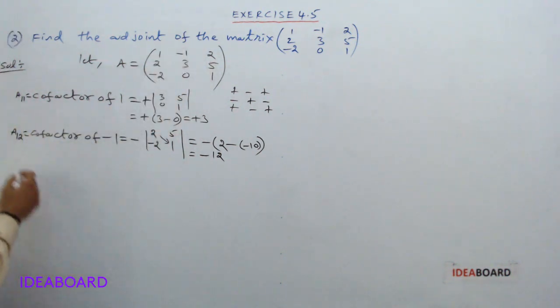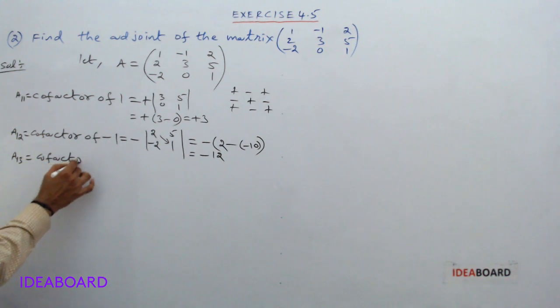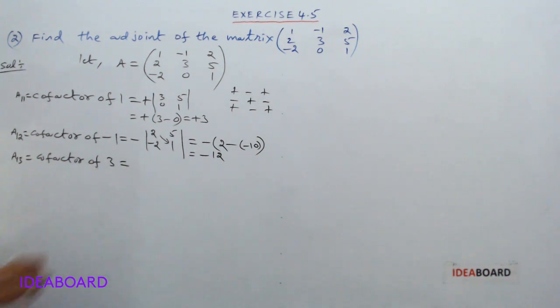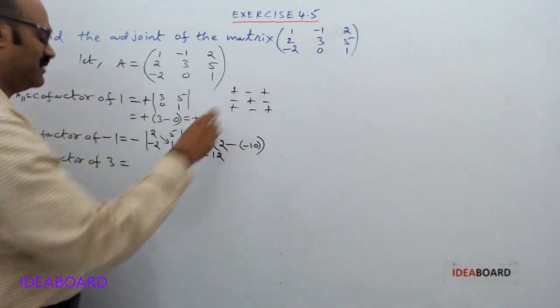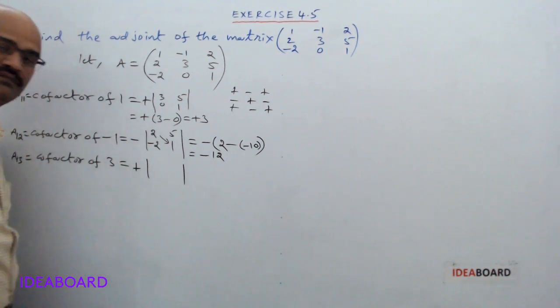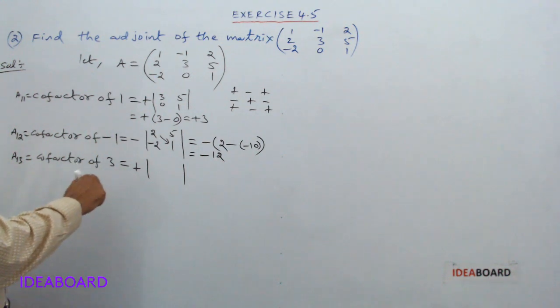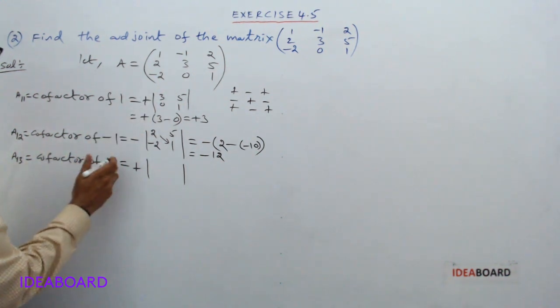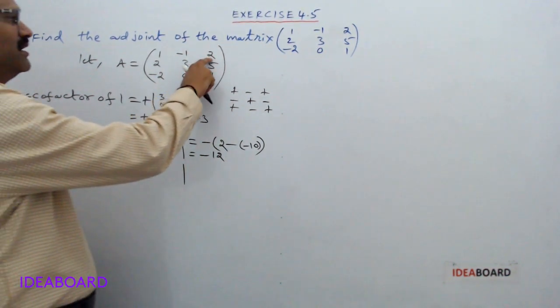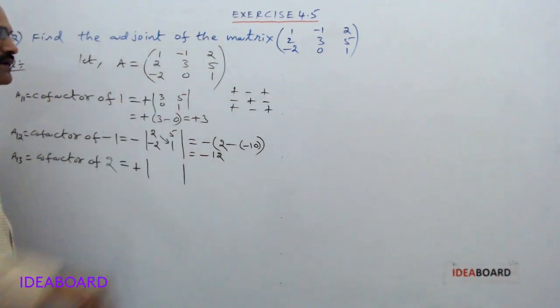Next, cofactor of 2, A13, we have the sign plus, determinant of. The element 2 lies in first row and third column.